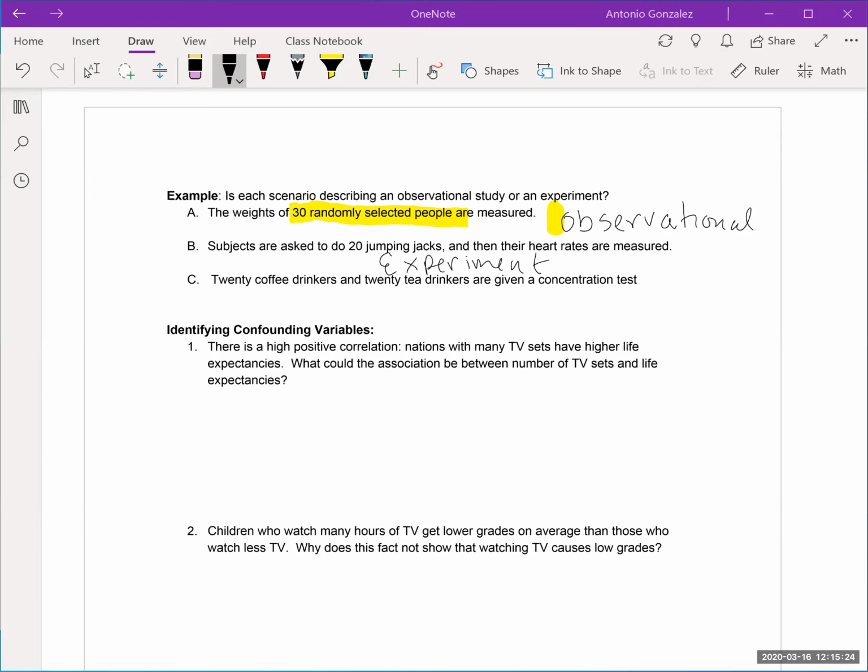Now, if we were to say we're trying this new diet out and we want you to eat a certain way over a certain period of time, and then we measured it, that would be more of an experiment. But if we simply go out and observe or collect data, then that's observational. Whenever we start to perform something or ask the subjects to do something, that moves it over to experiments. All right, does that make sense?